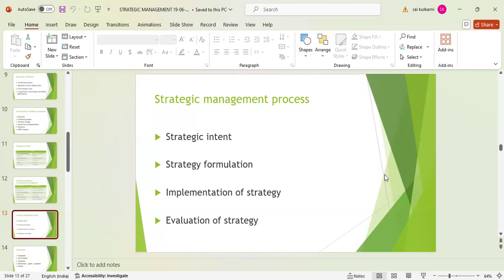After formulation, actual implementation at the third stage, and the last stage, evaluation. Are you getting my point? This is about the process of strategic management. These are the basic points. Later we will study each point in detail.